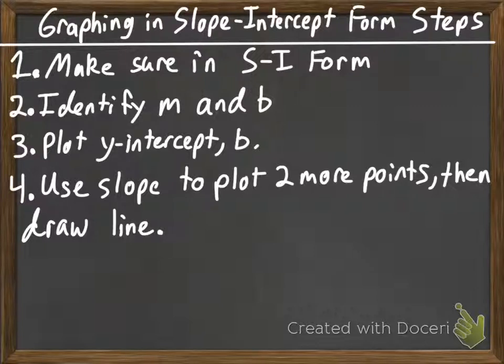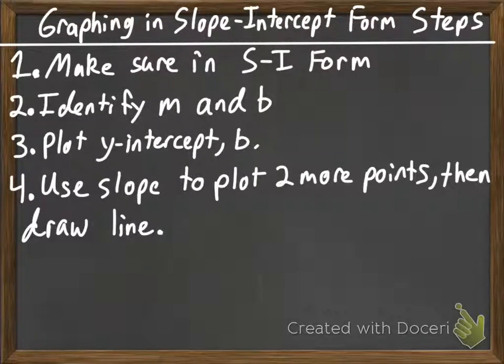The second step is to identify the slope m and the y-intercept b, just like we practiced in the previous slide. The third step is to actually plot our y-intercept, our b, on the graph. Then after we plot that b, that y-intercept, we're going to use our slope to plot 2 more points. After we have our 3 points on the graph, we are going to actually draw the line.